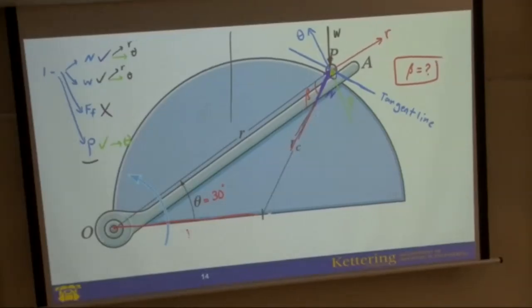From here to here is RC. Yes. Why? Exactly. The beta will be 30 degrees, because from this triangle, this length and this length are equal. These are both the radius of the semicircle. When this angle is 30 degrees, this angle also will be 30 degrees.